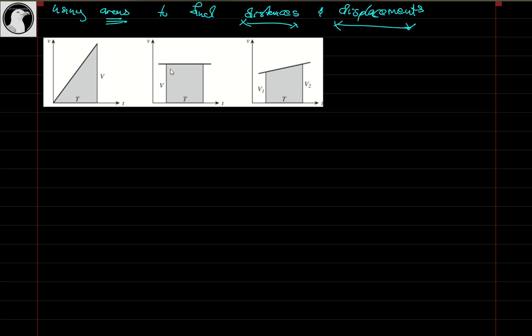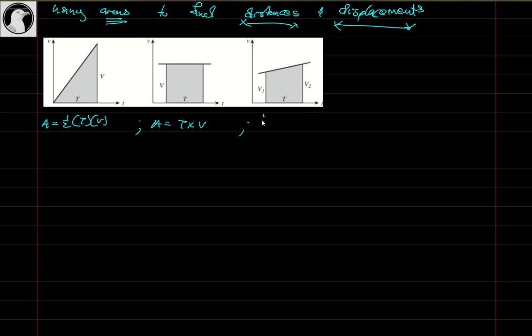So how do you find the distance traveled, or maybe the displacement? Well, first of all, we need to know the area. This one is simply a triangle, which is going to be half base times the height. And this one would simply become a square, so the area would be just the base multiplied by the height. And this one is a trapezoid.